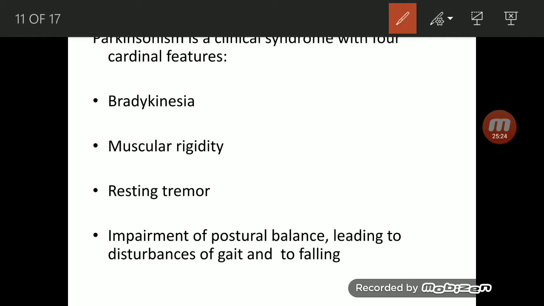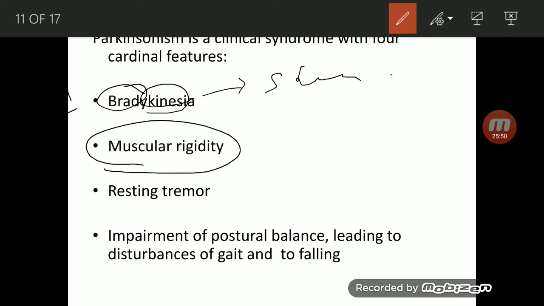Just like tachycardia and bradycardia, tachy means high, brady means less. So kinesia has to do with movement. Brady means slow. So there is slowness of movement in a person suffering from Parkinson's disease. Second, there is muscle rigidity.